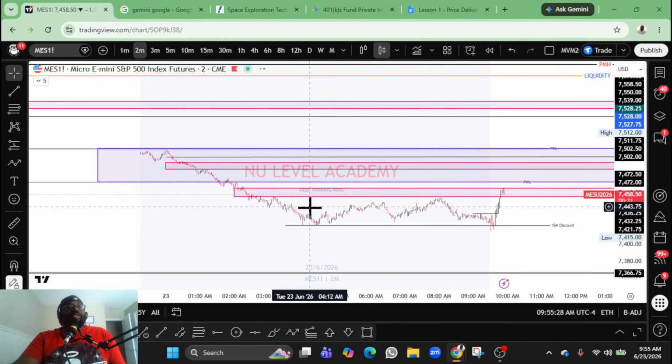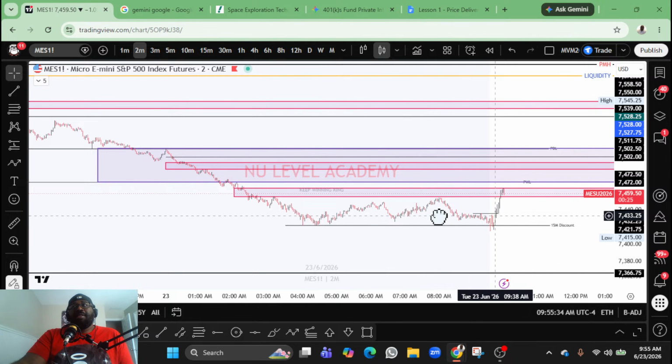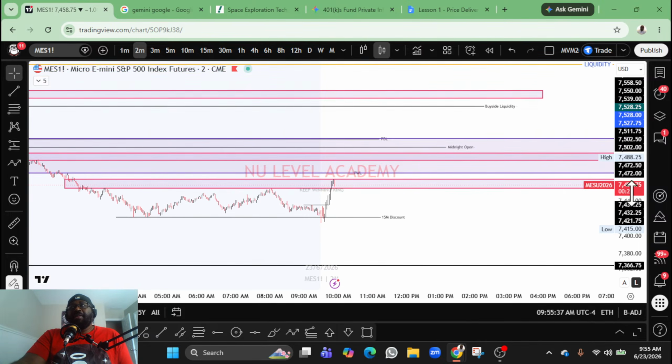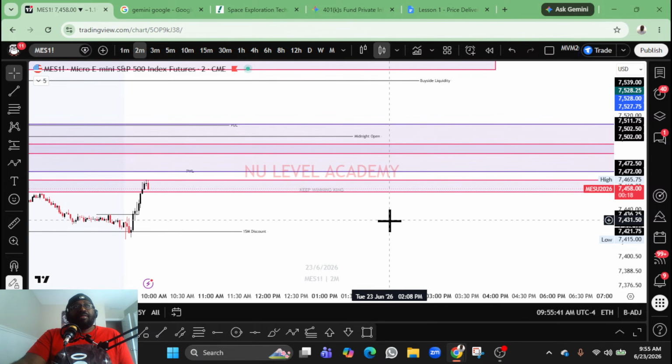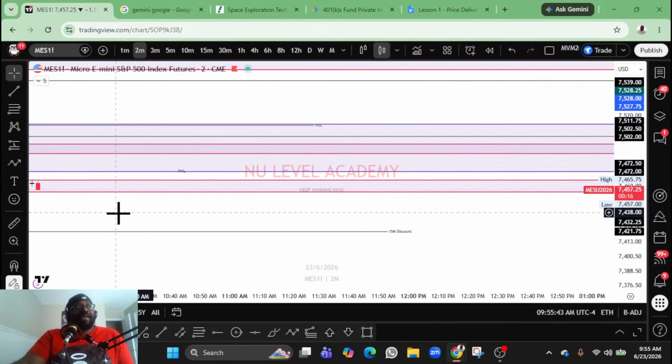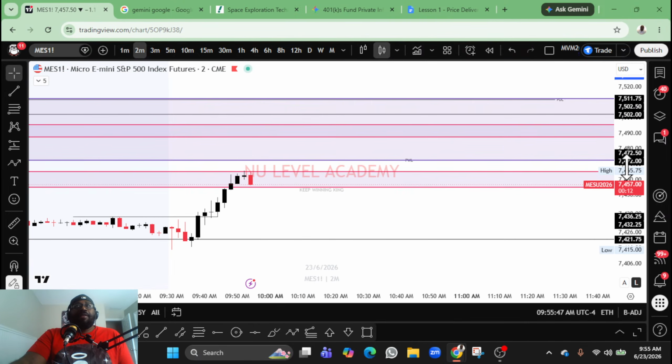We're at the area of rejection. What you see here, right here within the top of this FVG, market is pulling itself back. So because we have buy side and we haven't taken out buy side yet, it still gives me a reason to think that that possibility still exists for that to happen.